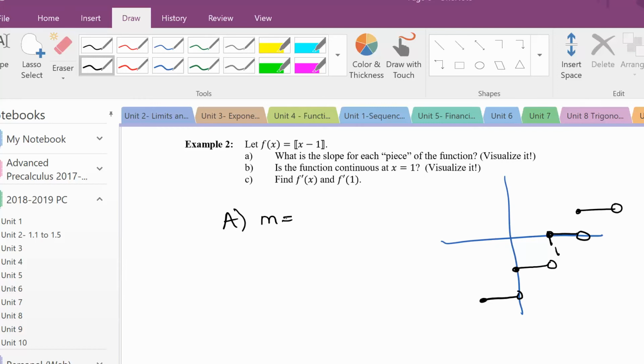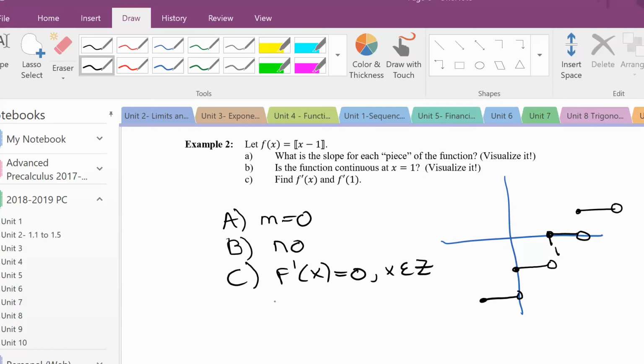The slope would be 0, because it's a horizontal line for each piece. Part B, is the function continuous at x equals 1? It is not continuous. And part C, find f prime of x and f prime of 1. Well, f prime of x, the slope of the function, is 0 for all non-integers.